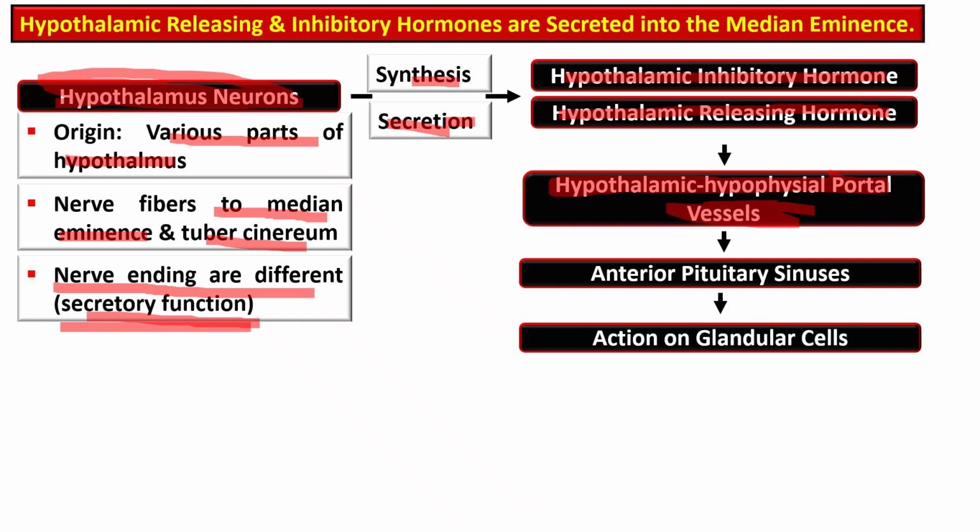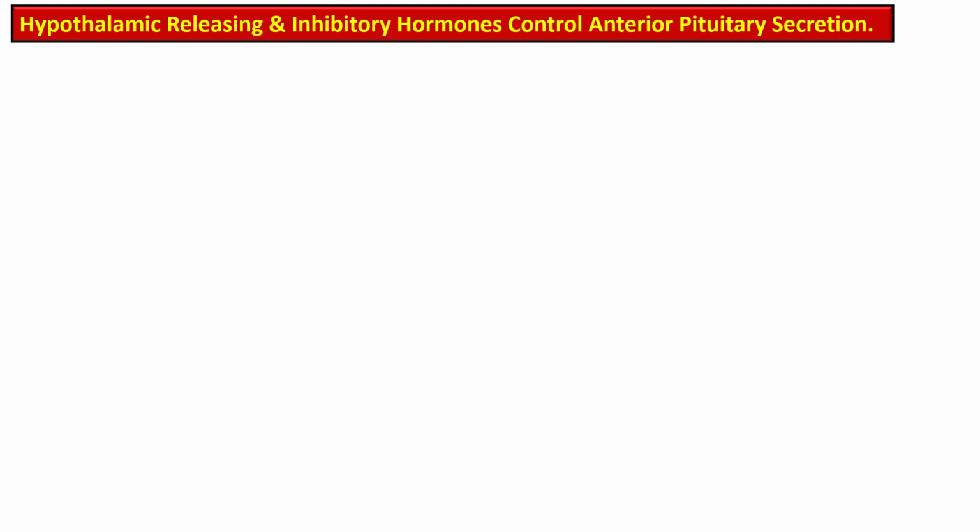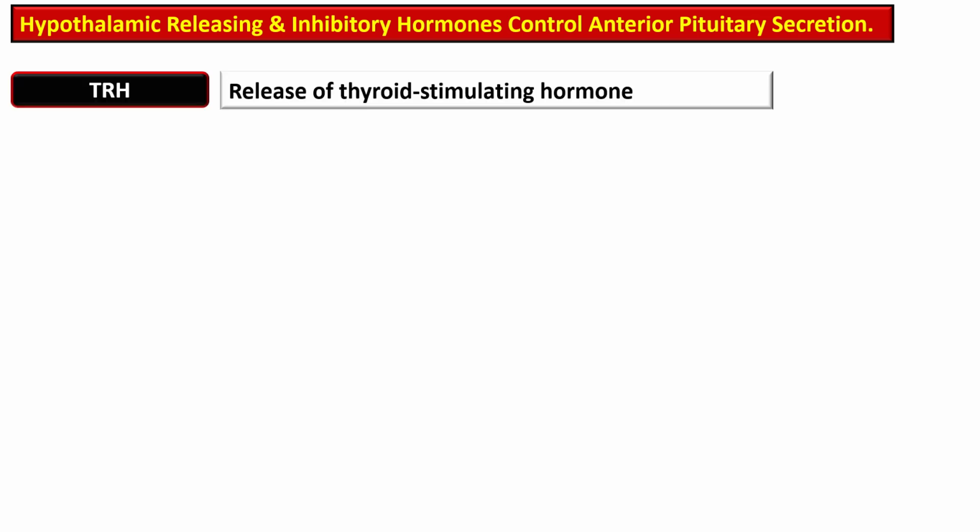From there, they go into the anterior pituitary sinuses, and there they act on the glandular cells and then cause the release of various hormones from the anterior pituitary. So these hypothalamic releasing and inhibitory hormones are responsible for the control over the secretion from the anterior pituitary.